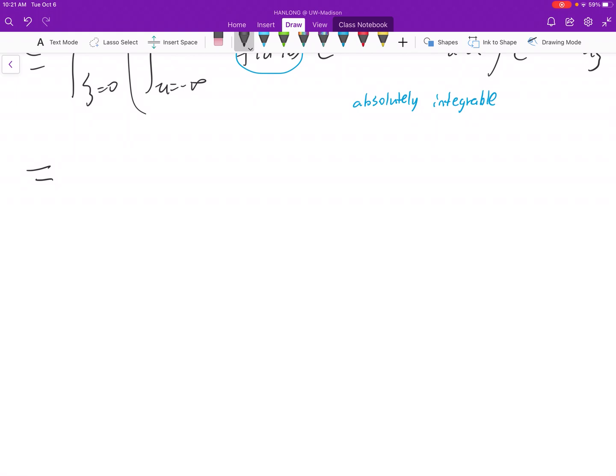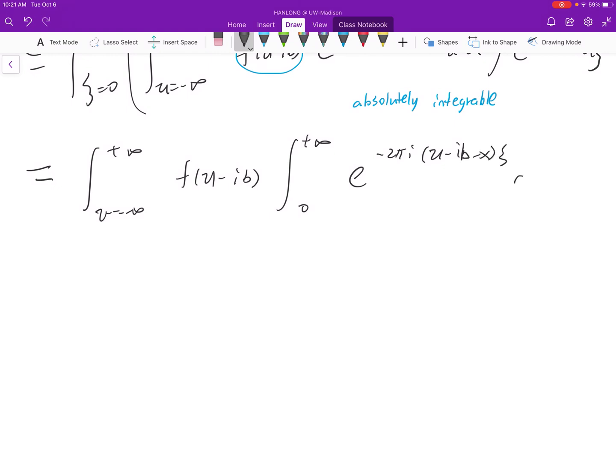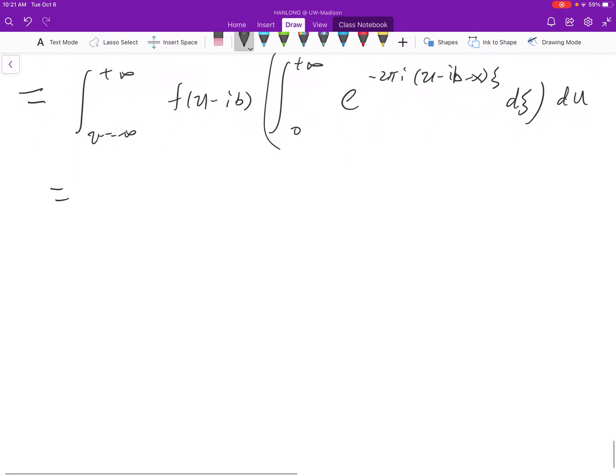So you can first integrate c and then u. f(u minus ib) times the integration from 0 to infinity of exponential negative 2 pi i (u minus ib minus x) c dc du. Okay, now just use the previous computation.